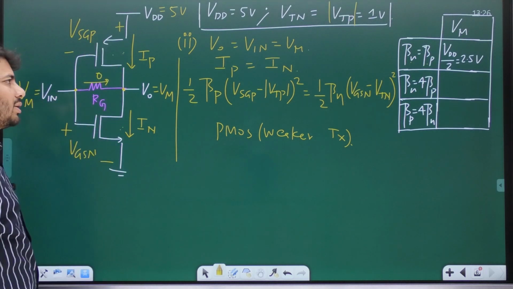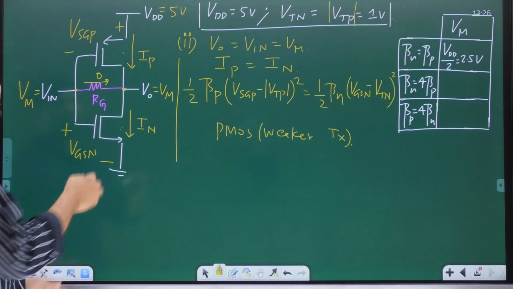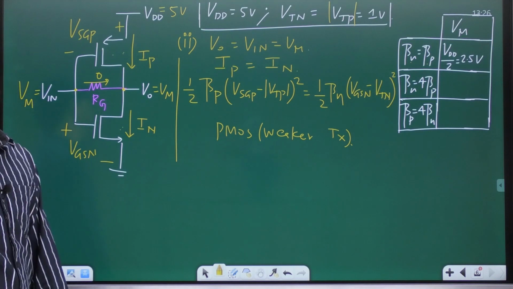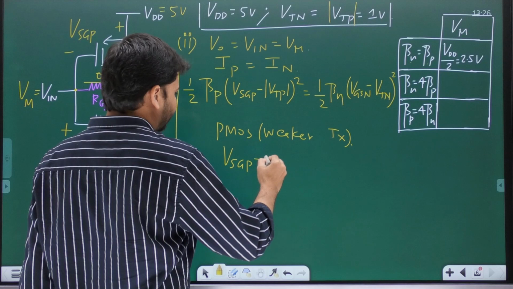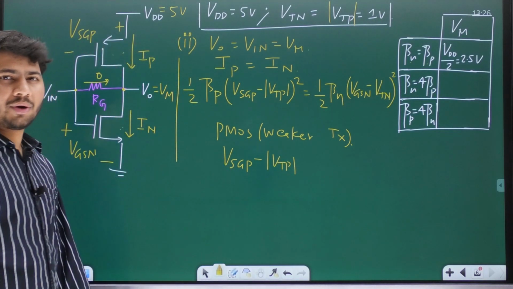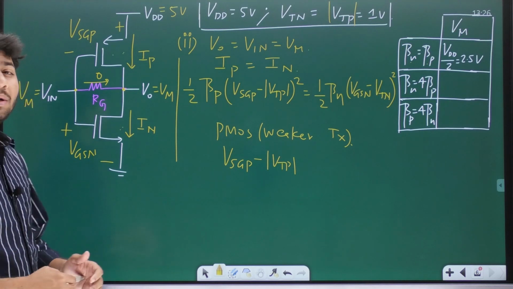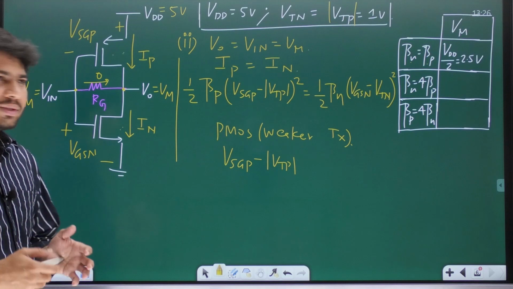Now, for the PMOS transistor, the weaker transistor, what is the overdrive voltage? Is it not VSGP minus mod VTP? So definitely VSGP minus mod VTP, the overdrive voltage of the PMOS transistor, which is the weaker transistor, will be greater than that of the NMOS transistor.